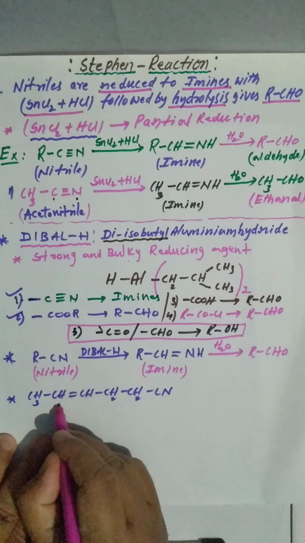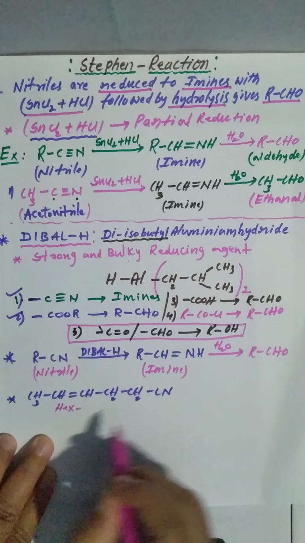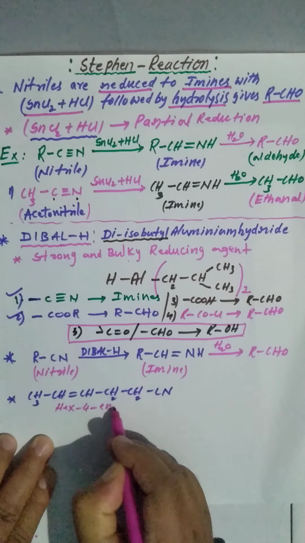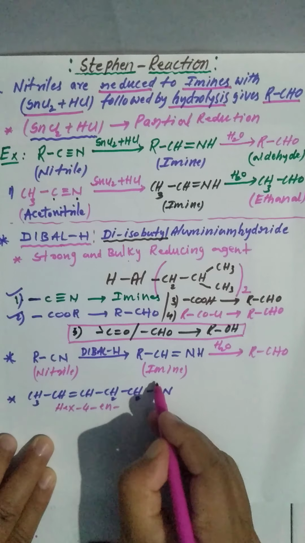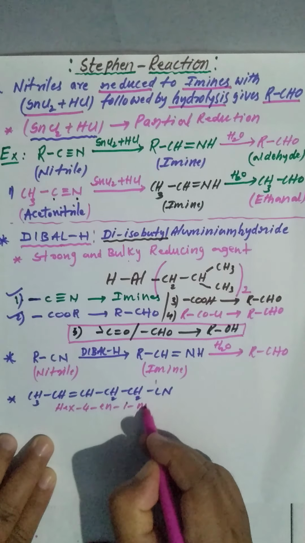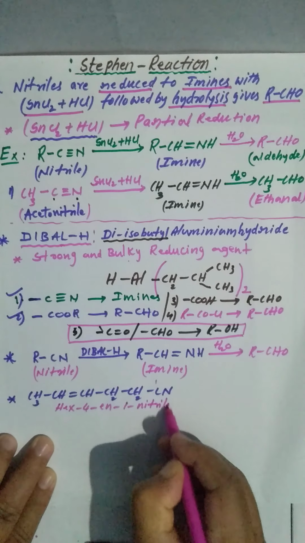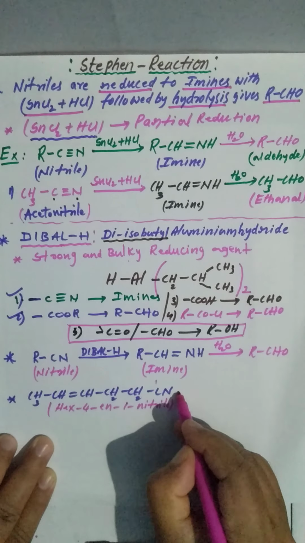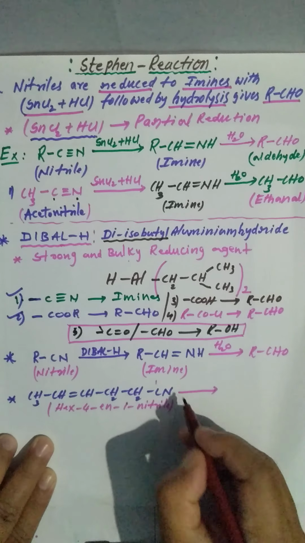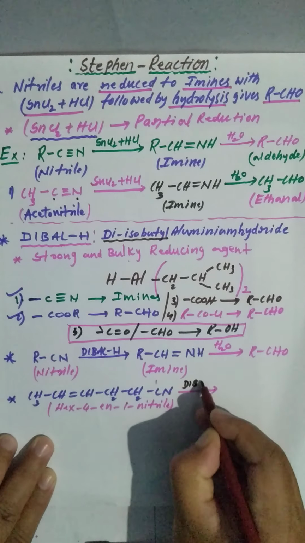Clear? Hex. 1, 2, 3, 4, 4-ene. And the first carbon has the cyanide, the nitrile, 1-nitrile. Clear? And it is followed by DIBAL-H.